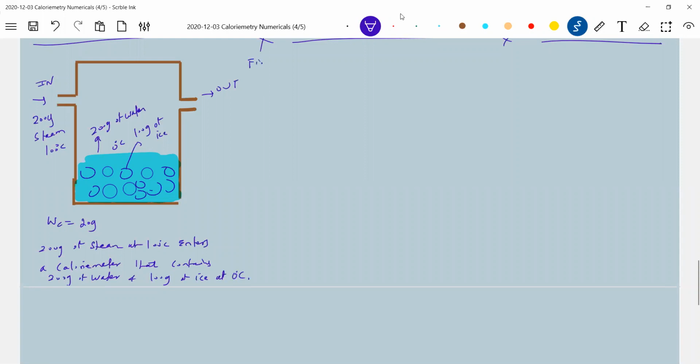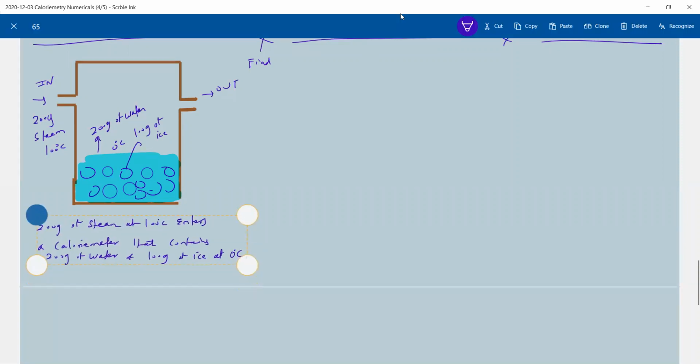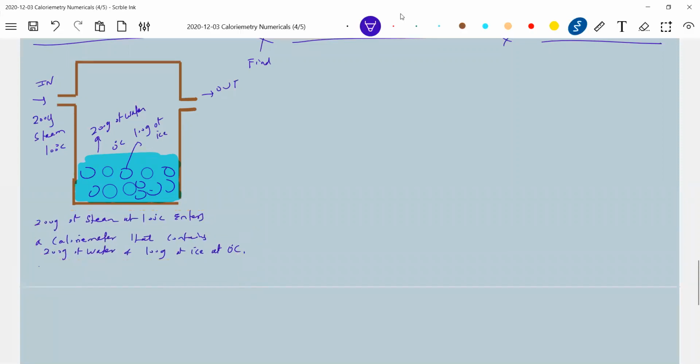Find the final temperature and content of the calorimeter. Water equivalent of calorimeter is 20 gram.